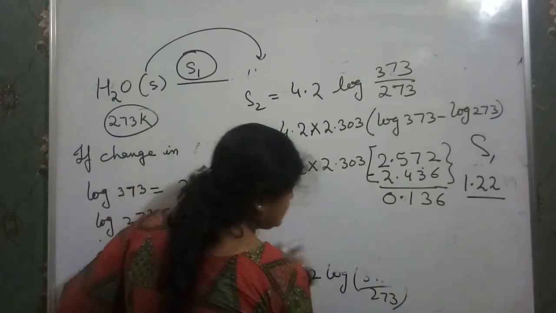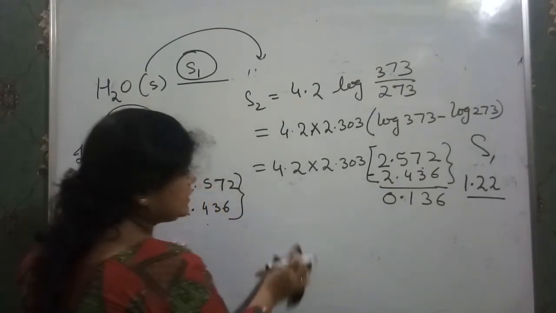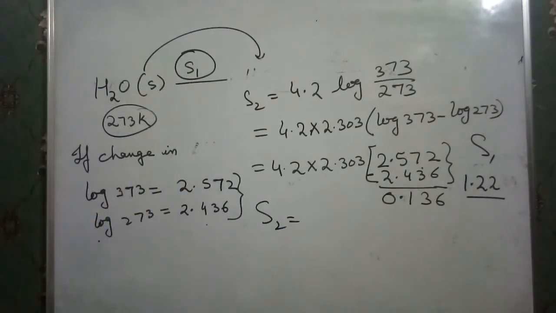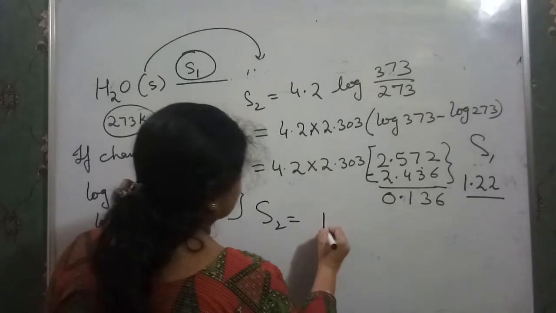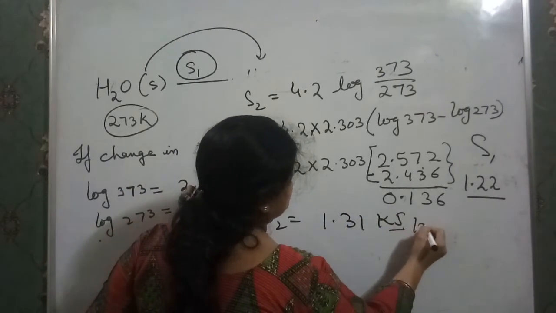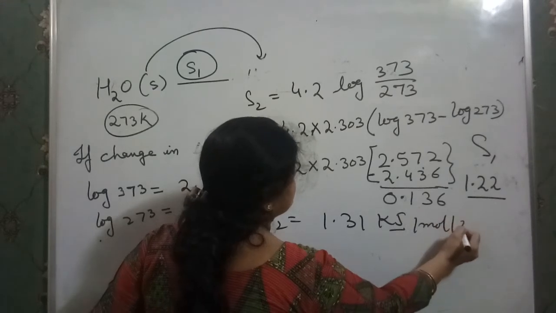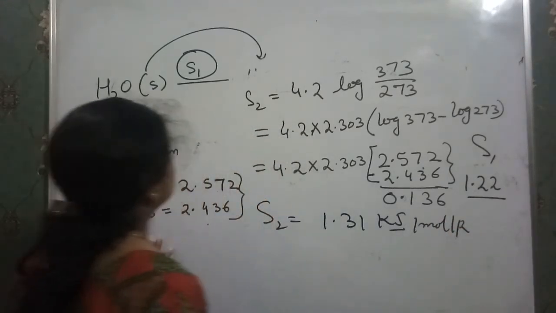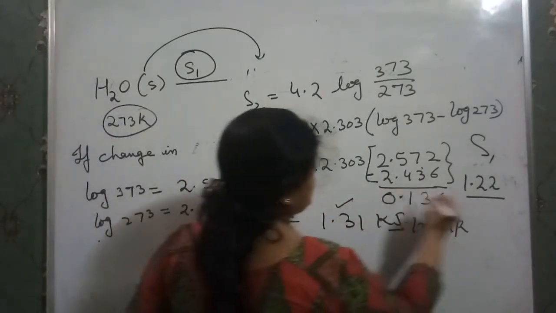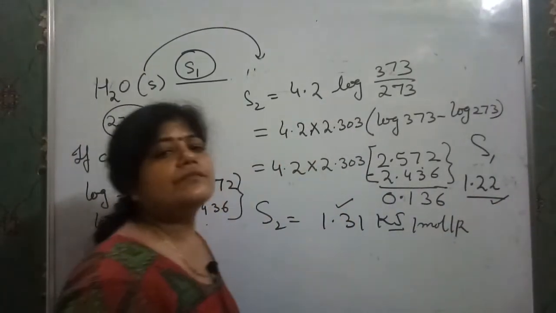Just calculate, and ultimately you get the value of entropy in the second case equal to 1.31 kilojoule per mole per Kelvin. Now if we have to find the total entropy change, we have to add both of them.